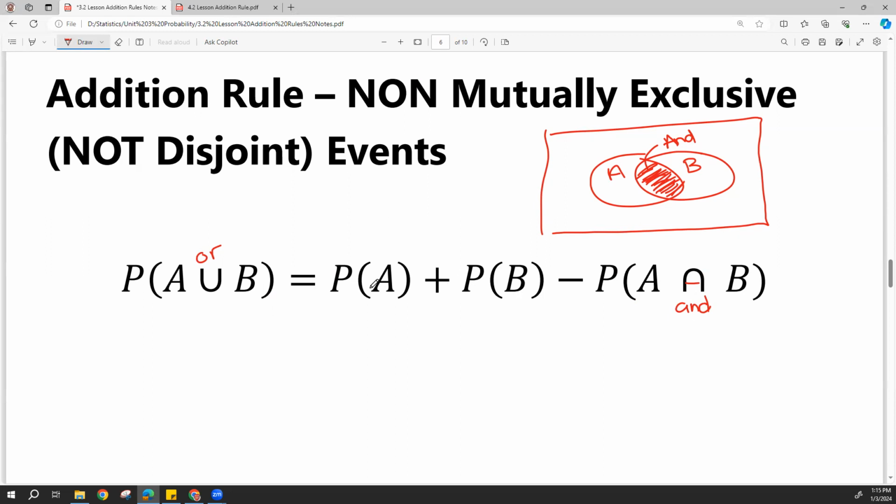We're counting some of the elements in the event twice because they're in both A and B. So we have to subtract out that overlap, this piece right here, so that we don't count it 2 times. So this is the add-on to the addition rule if we have 2 events that are non-mutually exclusive.